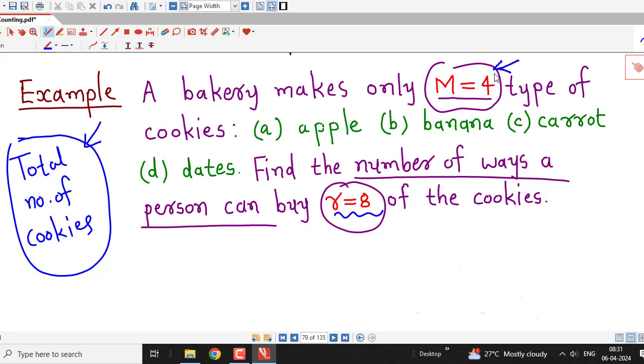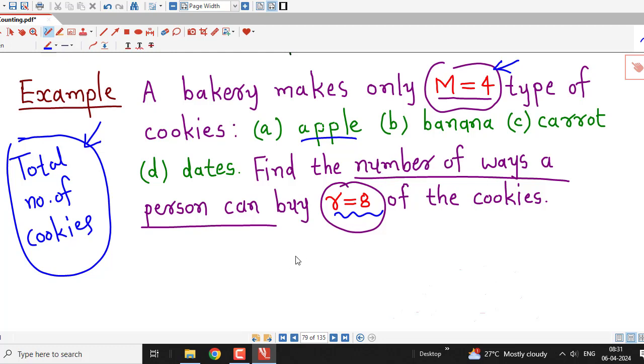That a bakery has 4 different types of cookies: apple type, banana type, carrot and dates. Now we have to count the number of selections a person can make for 8 of the 4 different types of cookies.